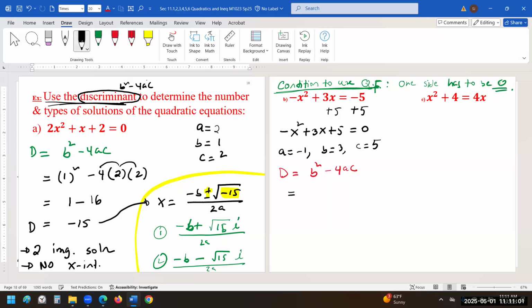So what do we have in our case? 3 squared minus 4 times negative 1 times positive 5. Excellent. What is 3 squared? And then negative 4 times negative 1 times 5.